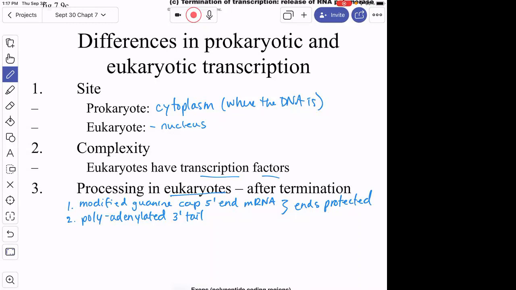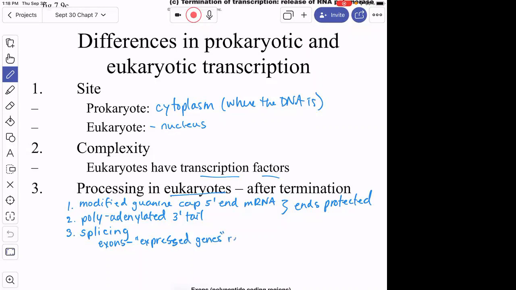Okay. And the third thing that happens in eukaryotes is that there typically is some splicing that takes place. In other words, there's parts of that messenger RNA that are not necessary and get cut out. Okay, and I got a picture to show you that in a minute. But the exons, you could think of that as expressed genes.